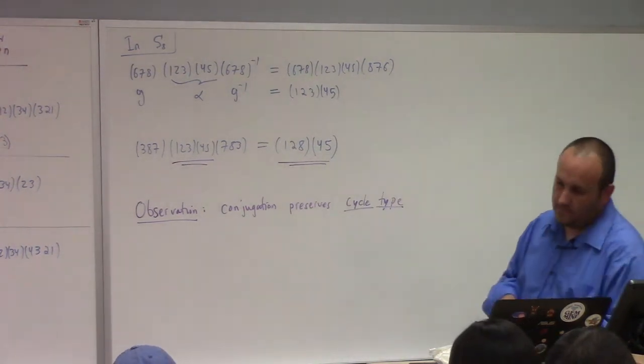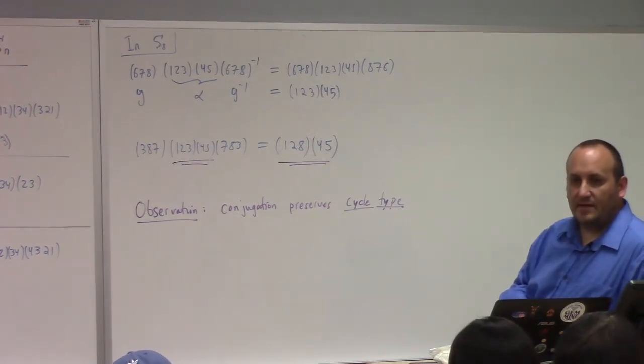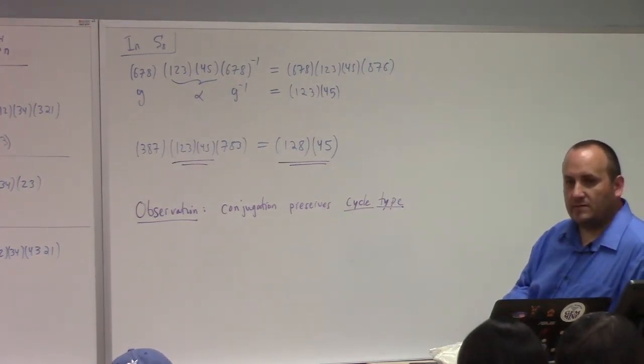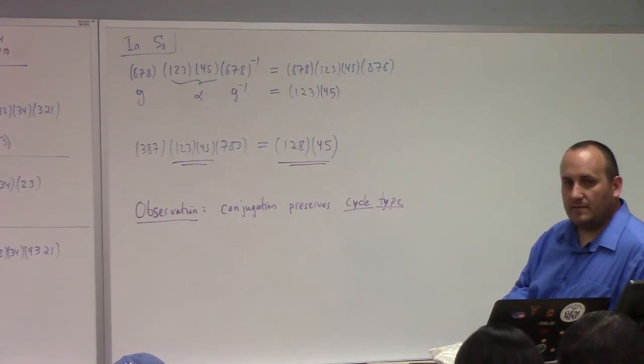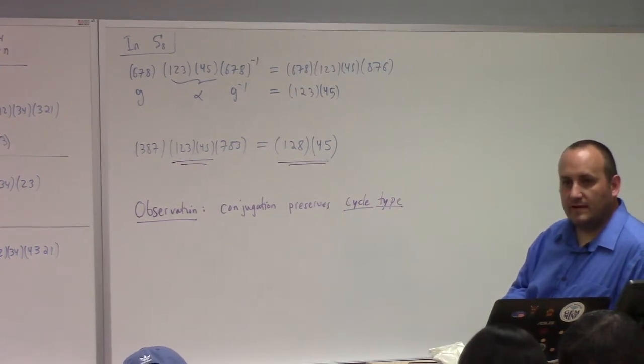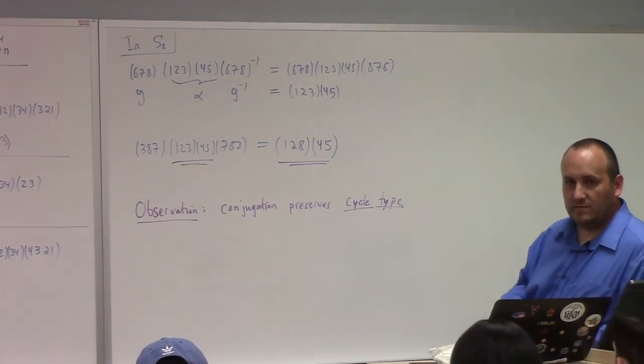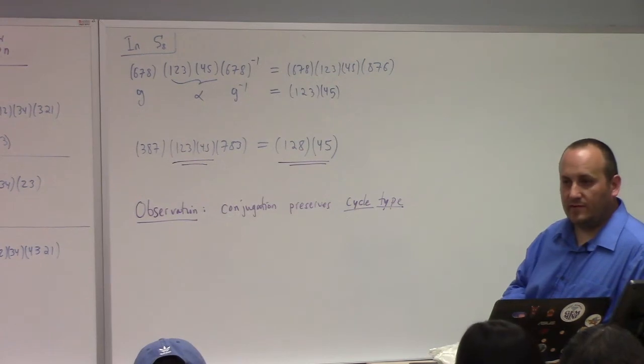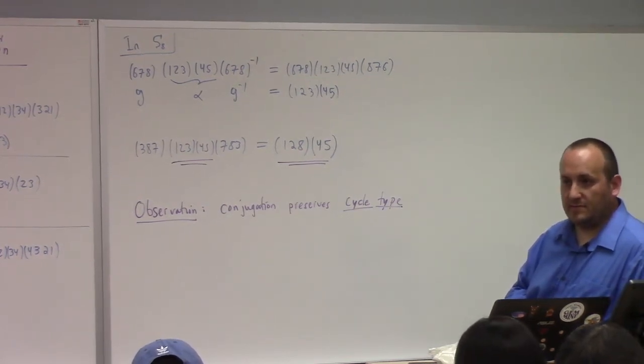And so what that means is if we look at the orbit of a given cycle in Sn under the conjugation action, we're going to trace out all possible cycles of the given cycle type.